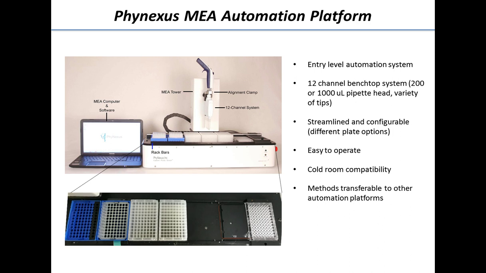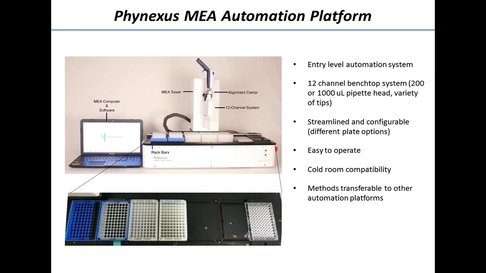And the automation platform that we settled on was the Phynexus MEA System. It's a great entry-level automation platform. It is a 12-channel benchtop system that offers us the flexibility of working with either a 200 microliter or 1,000 microliter pipette head. It's really streamlined and configurable and allows us to work with different plate formats.